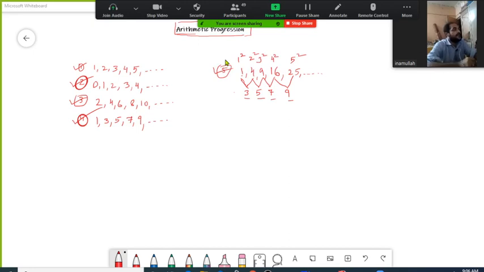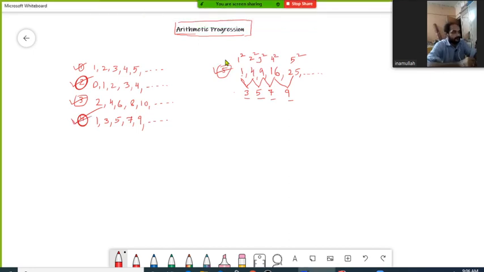But if you take this one, this fourth one, 3 minus 1 is 2, 5 minus 3 is 2, 7 minus 5 is 2, then 9 minus 7 is 2. In the same way, if you find the difference in this sequence, 4 minus 2 is 2, 6 minus 4 is 2, 8 minus 6 is 2, 10 minus 8 is 2.